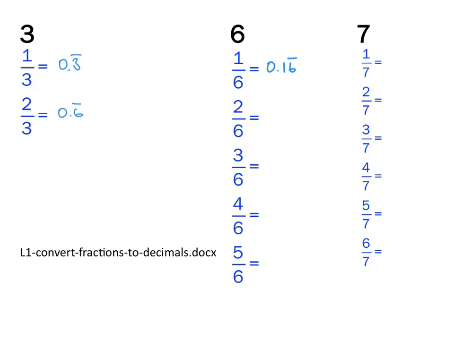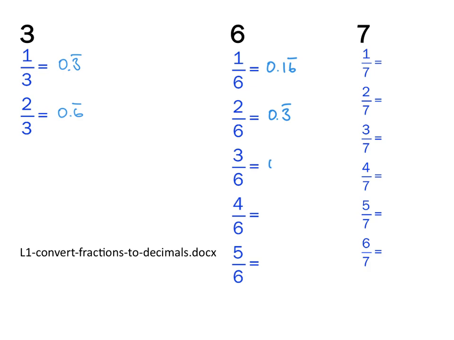The 6 is what repeats. 2 out of 6, if you simplify it, is the same thing as 1 out of 3. So it's 0.3 repeated, because it's the same as 1 over 3. 1/3 is the same as 2/6, because you just multiply the numerator and denominator both by 2. 3 out of 6 is actually the same as a half.